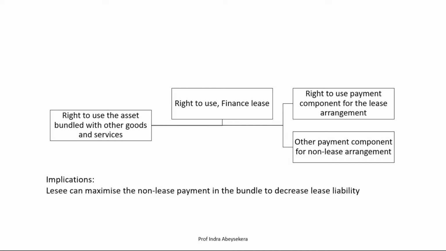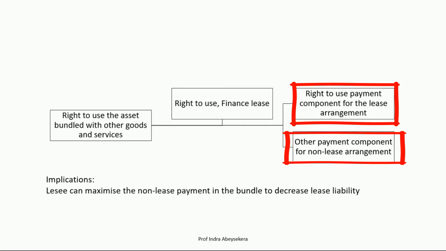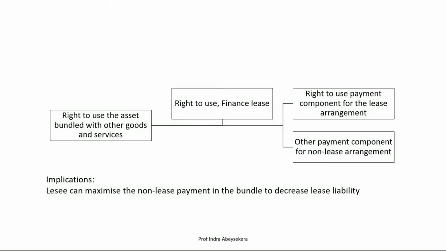So in such circumstances, we have to dissect the lease payment as to what constitutes the right-to-use component of the lease arrangement versus the component of other payment, that is the non-lease payment. The implication of bundling goods and services with the right to use an asset is that the lessee can maximize the non-lease payment in the bundle to decrease the lease liability.